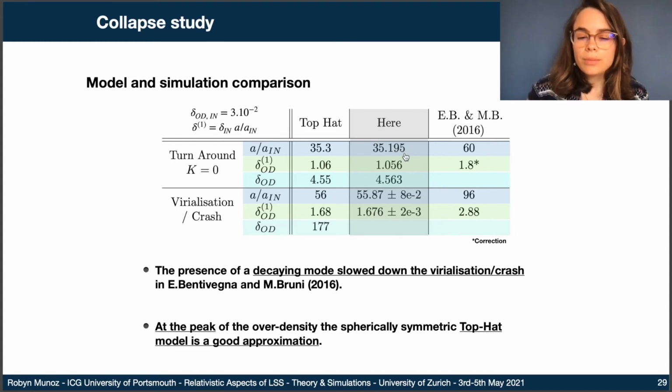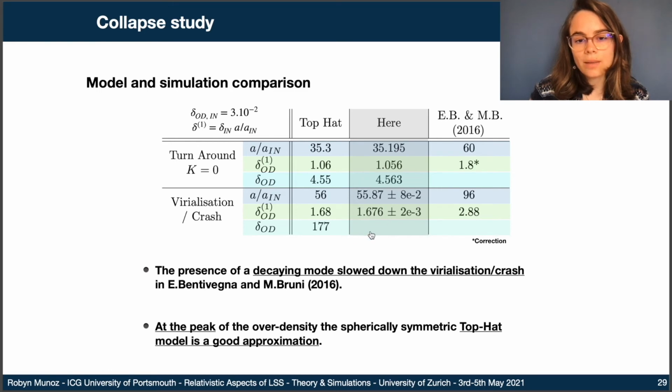And then if we compare our results to that predicted by the top hat model, we see that actually we reach the turnaround almost instantaneously compared to the top hat. And this is also the case when we look at the amplitude of the density contrast at the turnaround.